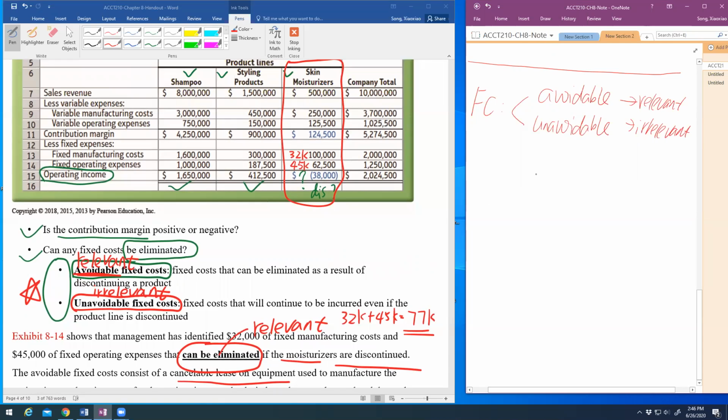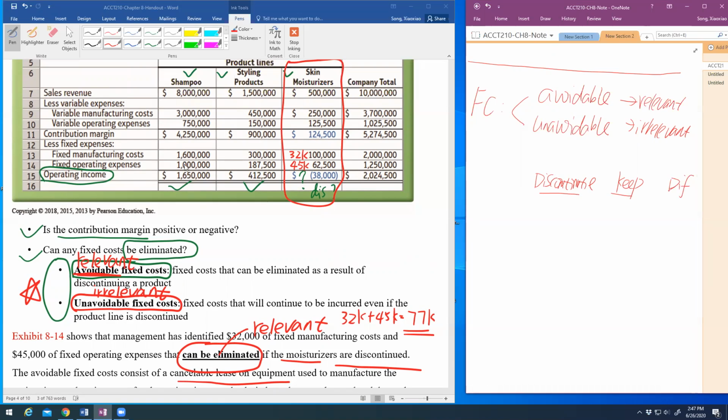So we said you can discontinue, or you can keep this skin moisture. So either you discontinue this product or you keep this product. We look at the difference.